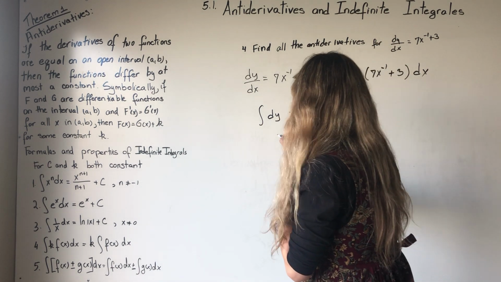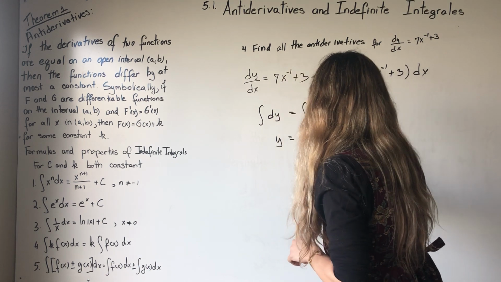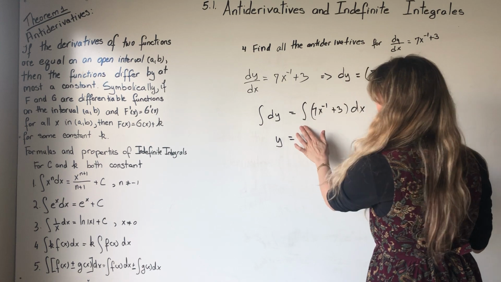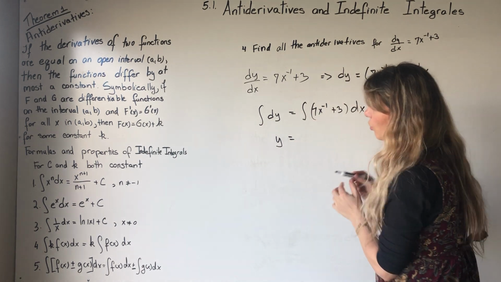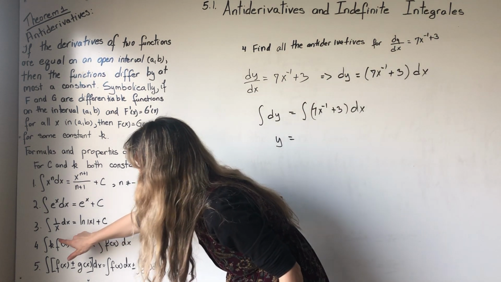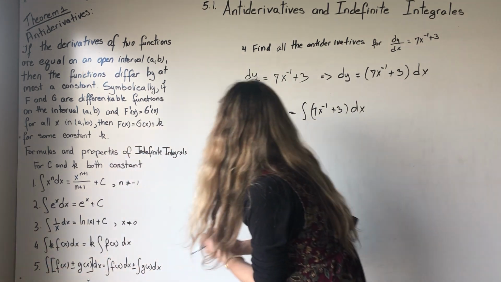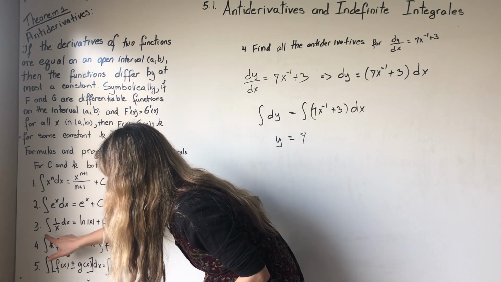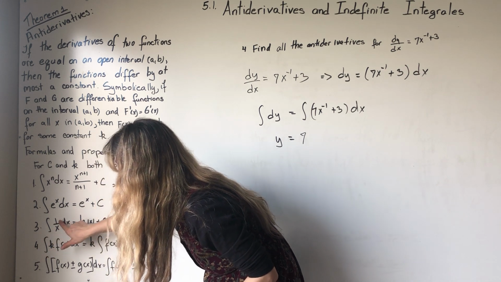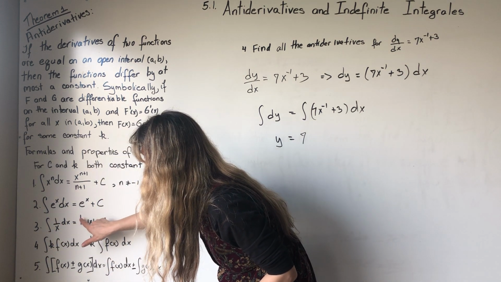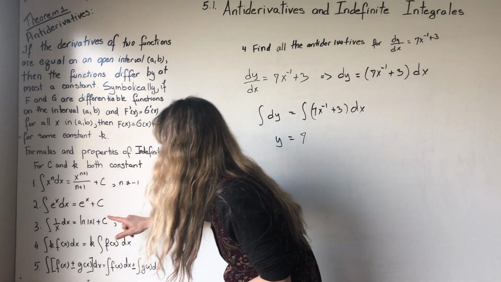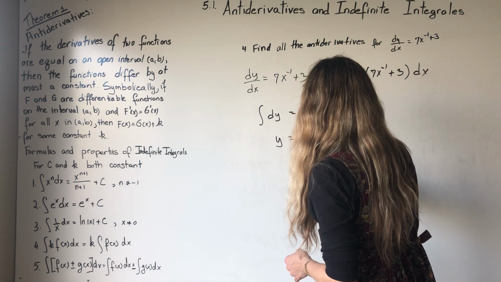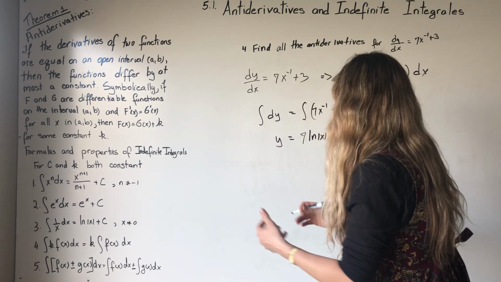So if I take the integral of this I will get y equal to, okay, so let's see, integral of 7x to the negative 1, 7 can come first, right, from number 4, then x to the power of negative 1, I know that it's natural log of absolute value of x plus c, right? So natural log of absolute value of x plus a constant.